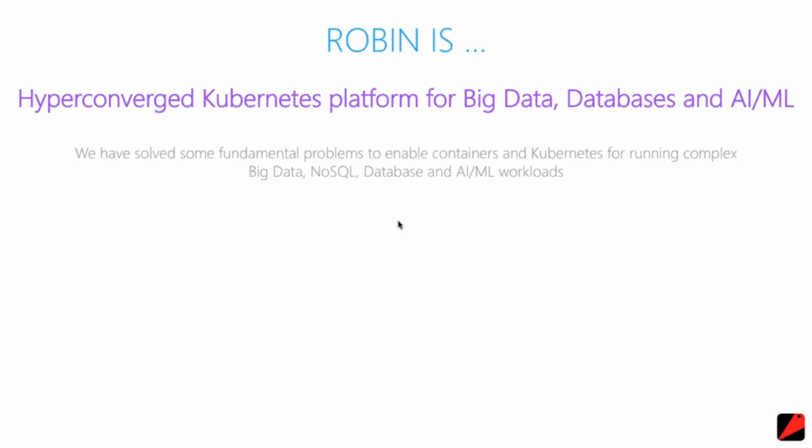Again, with Robin, we talk about this notion of hyper-converged Kubernetes. Robin has solved a lot of these fundamental issues associated with deploying data-heavy applications in Kubernetes. There are technological gaps with respect to deploying these types of workloads in Kubernetes, and Robin has closed those gaps. Equally important, we've abstracted all the Kubernetes complexity.